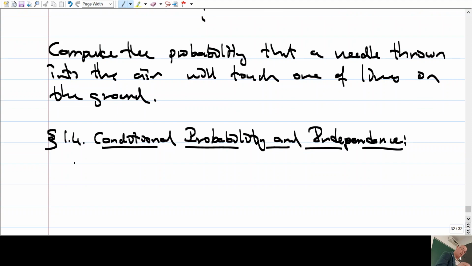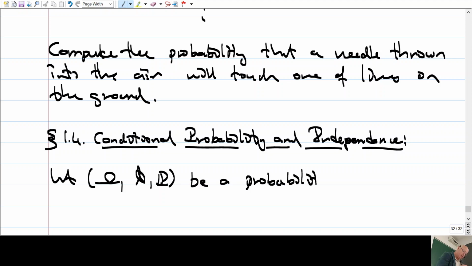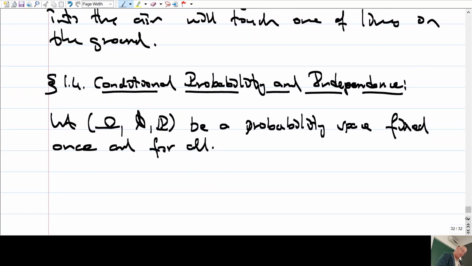As usual, let (omega, A, P) be a probability space, fixed once and for all. So in this subsection, we have a fixed probability space.